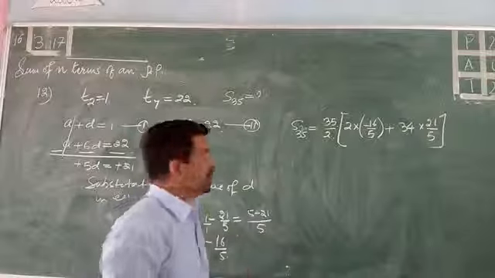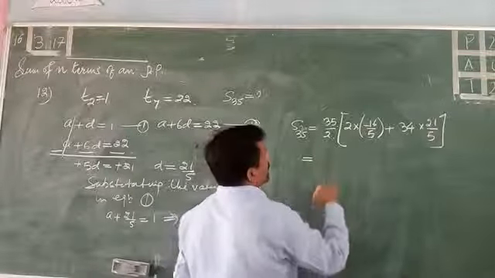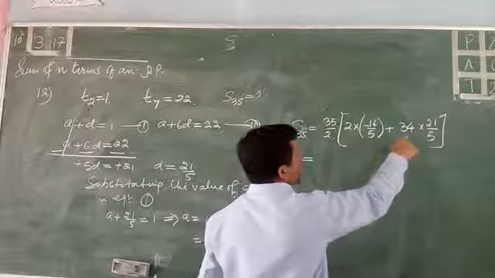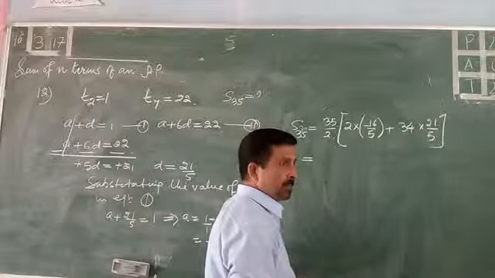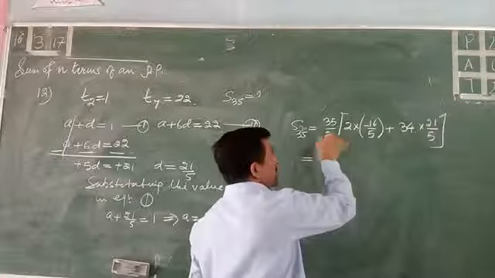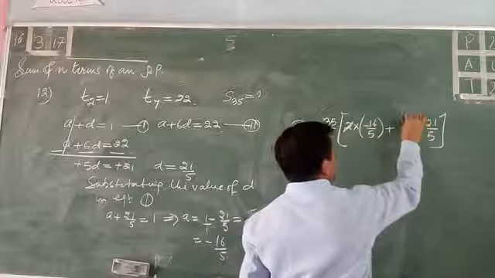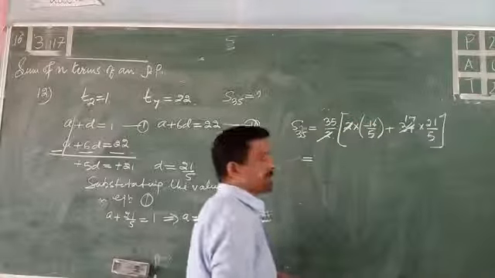Is it okay? Yes. The numbers are not looking very good. Okay. Now, 2 and these 2 are common factors. Can we take the common factor from here 2 and from here also 2? That way, this will be simplified. This will be gone and this will become 17. Is it okay? Yes, sir.